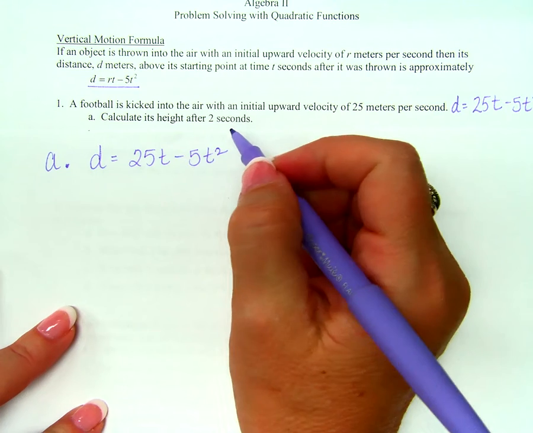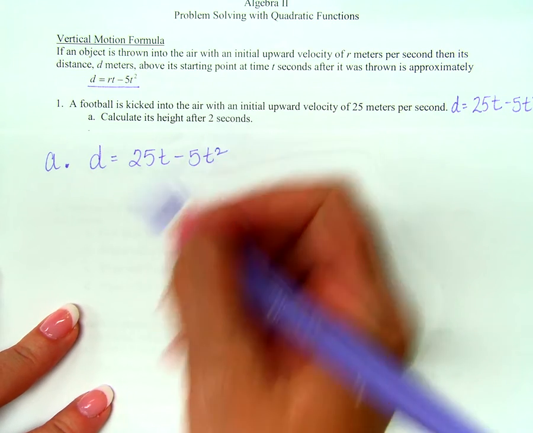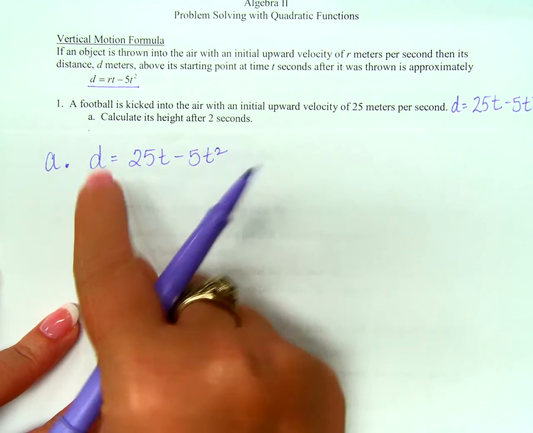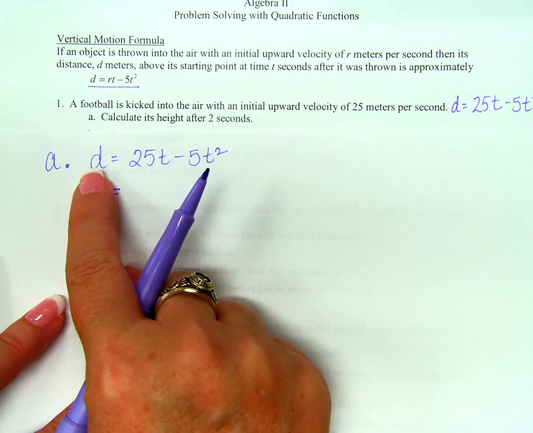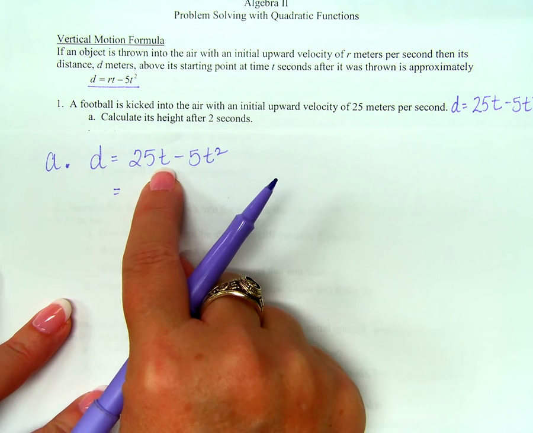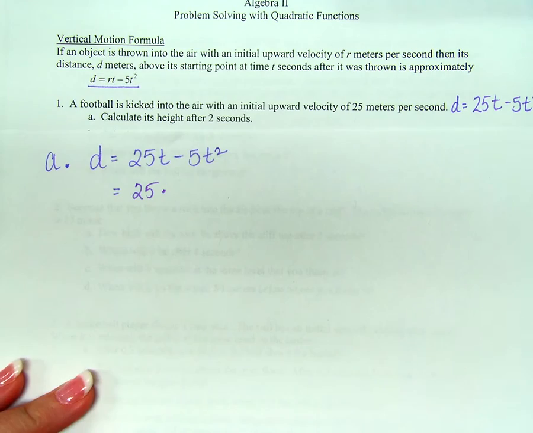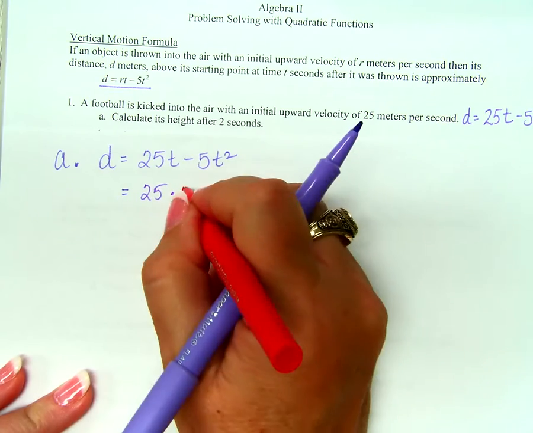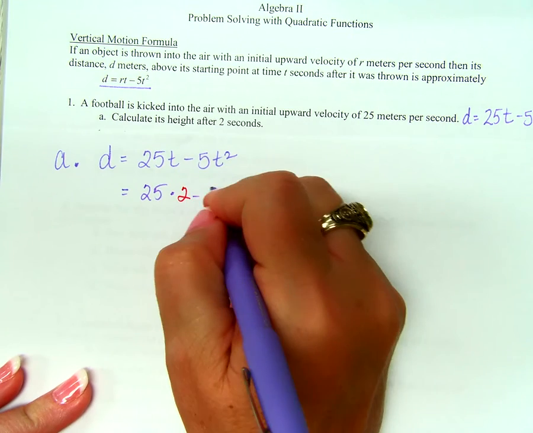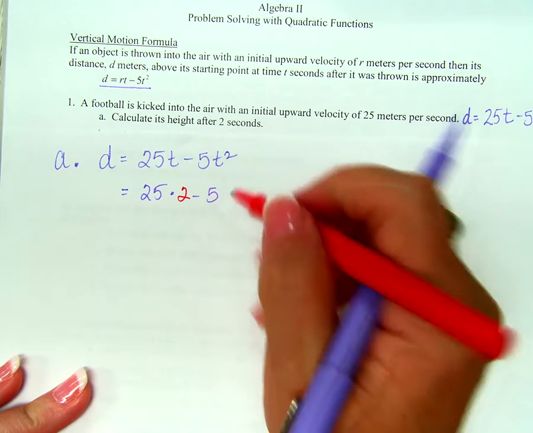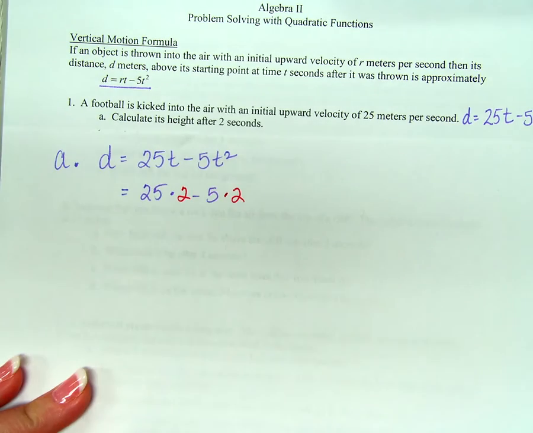In this particular case, t is 2. So I'm going to find the height, the distance, by substituting in 2 for t. So I'm going to say 25 times 2 minus 5 times 2 squared.